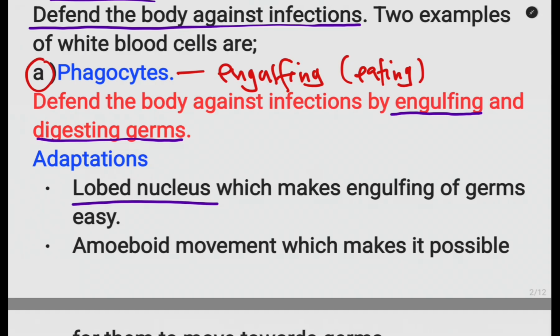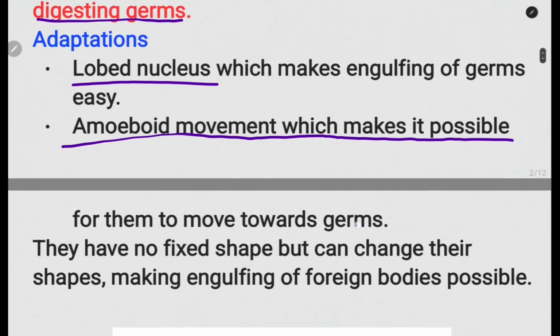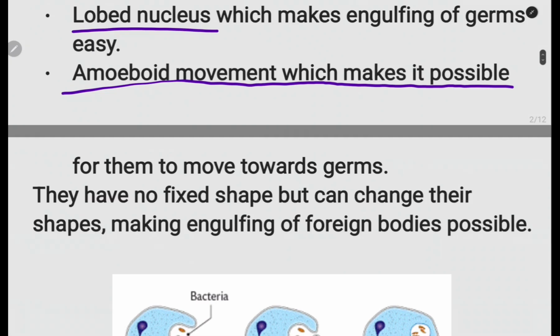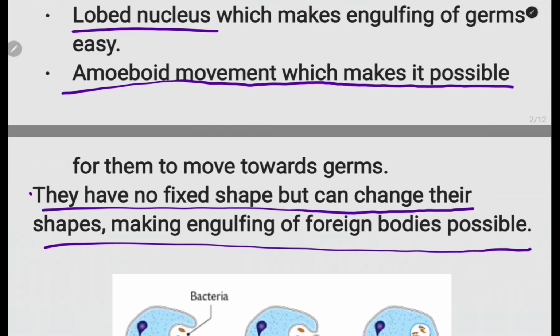Also amoeboid movement, they move like amoeba, to move toward germs. In addition, they have no fixed shape, which means the shape changes, and this makes it easy for them to engulf foreign materials. So these are the three adaptations that we can look at.